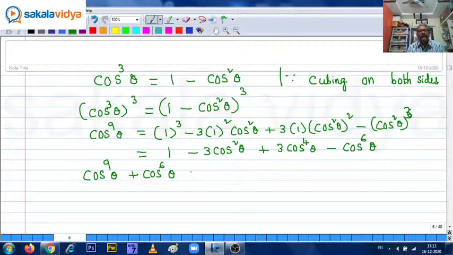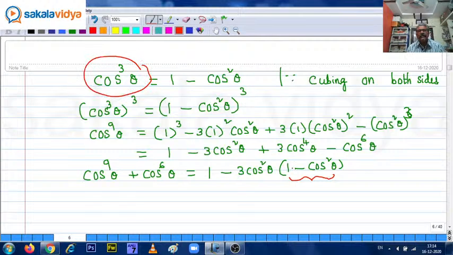From these two, take minus 3 cos square theta common. Then you get 1 minus cos square theta. But you check here, this 1 minus cos square theta is nothing but cos cube theta. Replace this value here. So now you get 1 minus 3 cos square theta into cos cube theta.